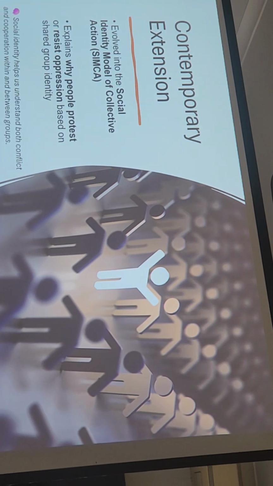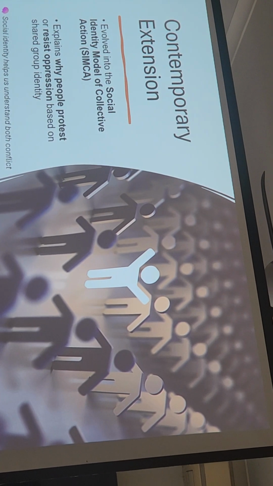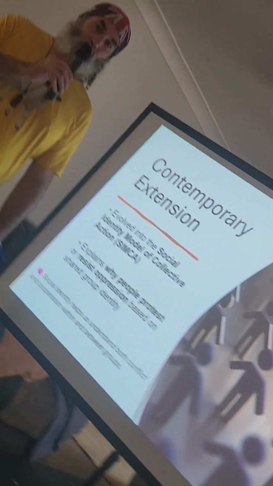As for contemporary extensions, these social identity models relate to the present day, and evolved into social identity models of collective action. Recent examples were the Me Too movement, guys. Everyone heard about the Me Too movement.